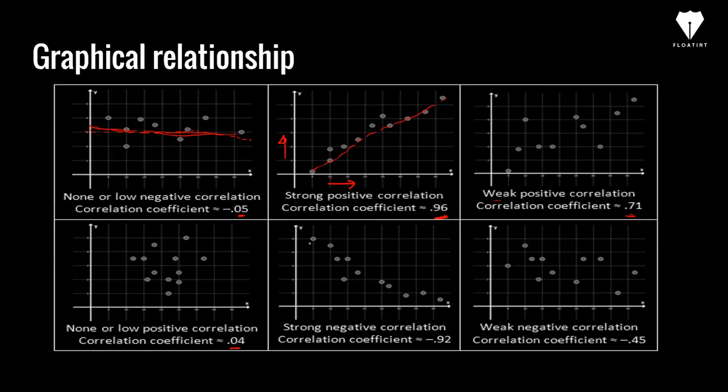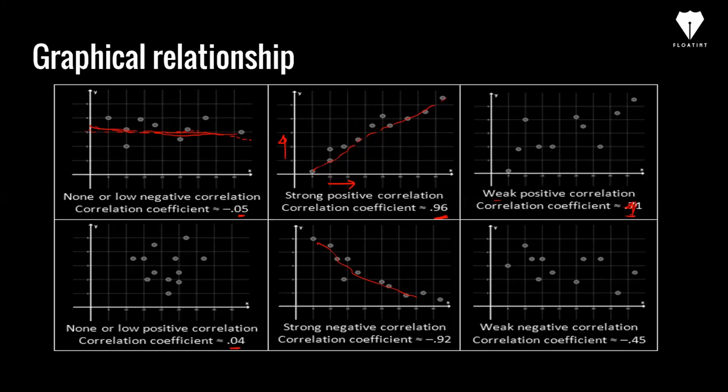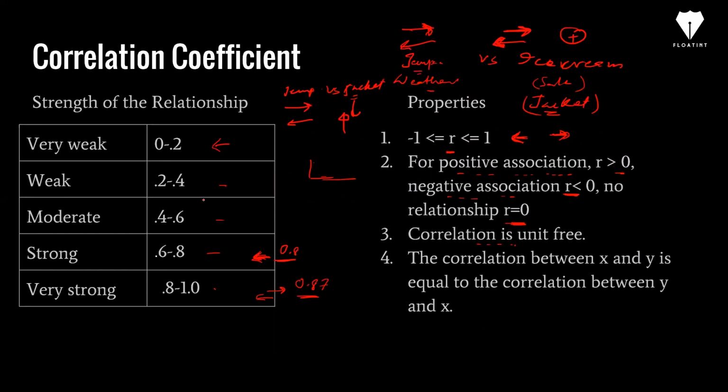In this case, strong negative, you can see here, and weak negative correlation. This will not actually be 0.7, I think this will be around 0.41. Then you can say it is around weak or moderate.